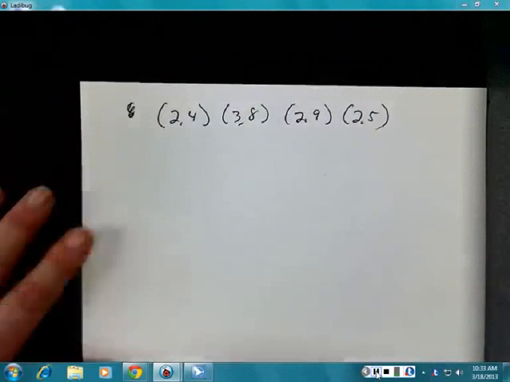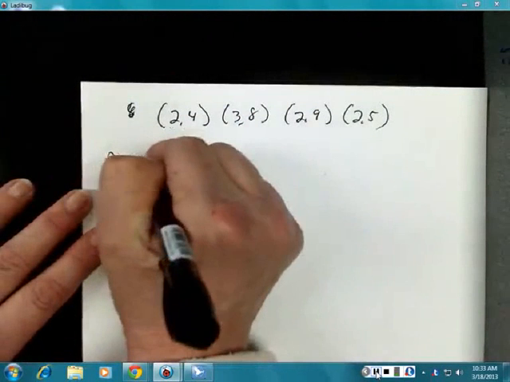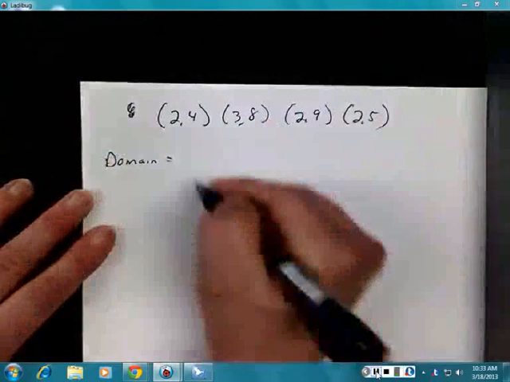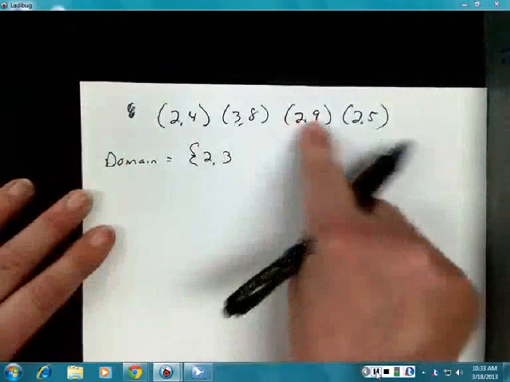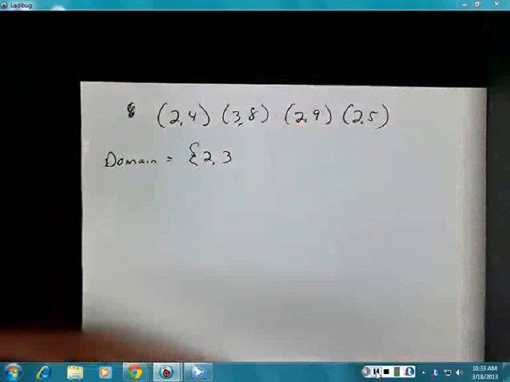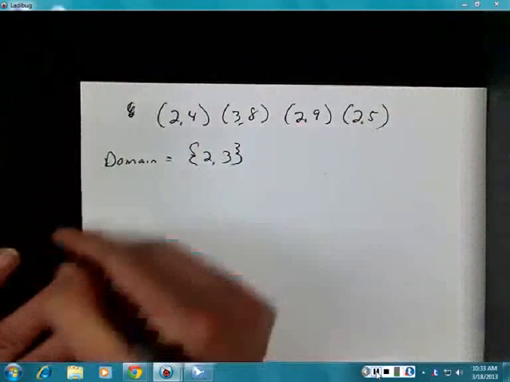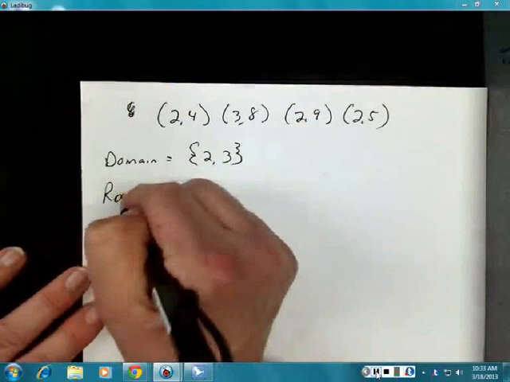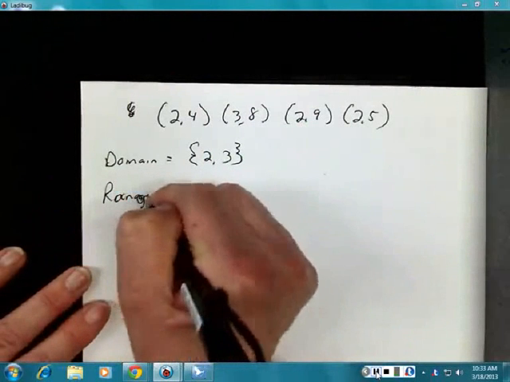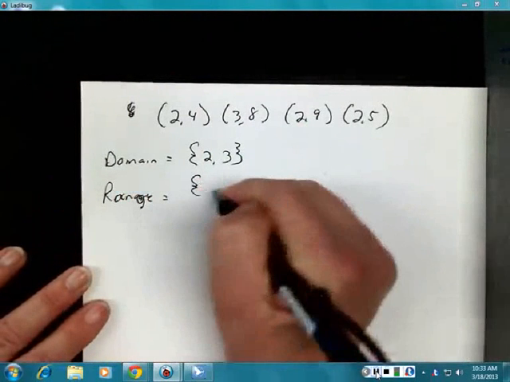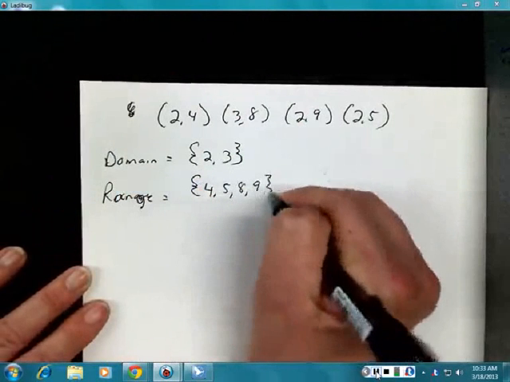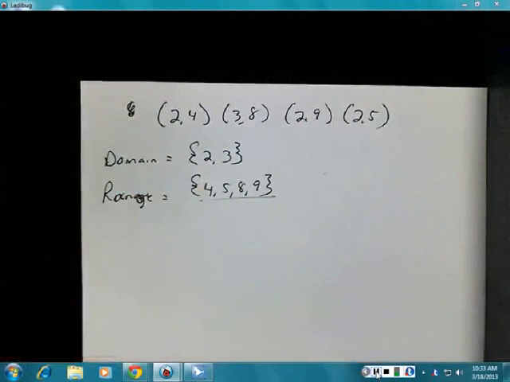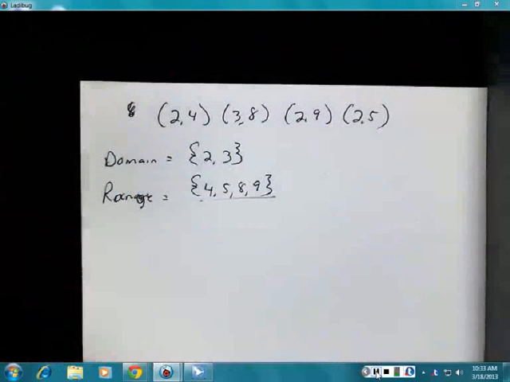Well, my domain is just a combination of 2 and 3 because these 2's are duplicates. Okay? But my range is going to have 4, 5, 8, and 9 in it because I've got all of those associated with these values that I have up above.